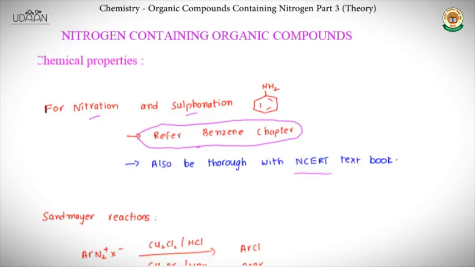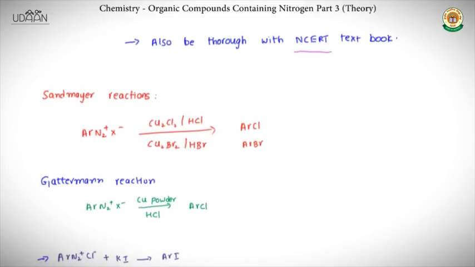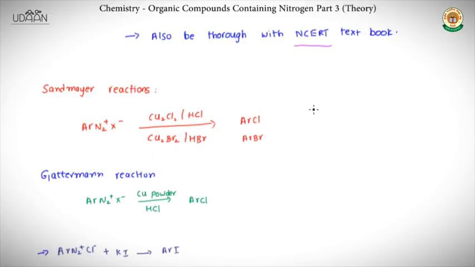Now the another set of reactions include the reactions of diazonium salts. Now this one is called a diazonium salt. The structure of it would be in this way, where you have a Ph, and for it you have a structure like this one, or you may also have a structure like this one, where you have double bond N, positive charge, and X minus.